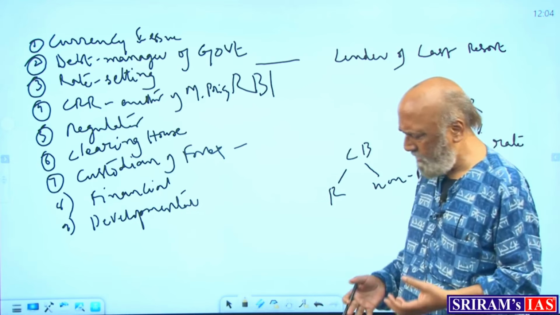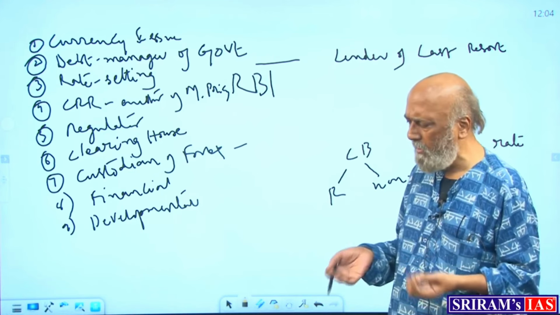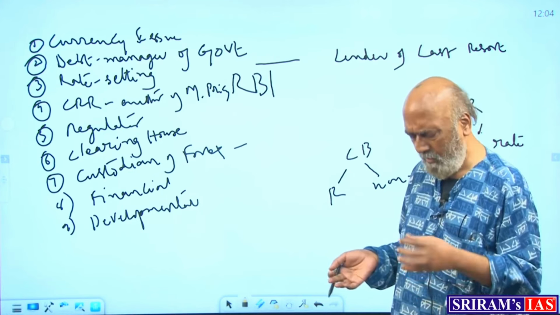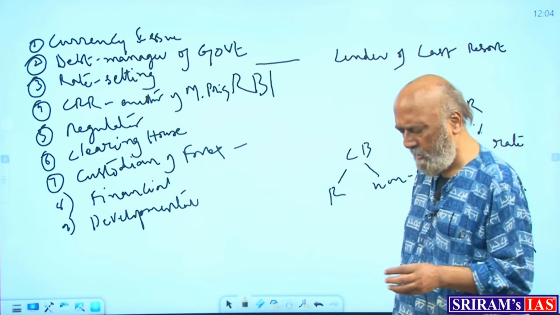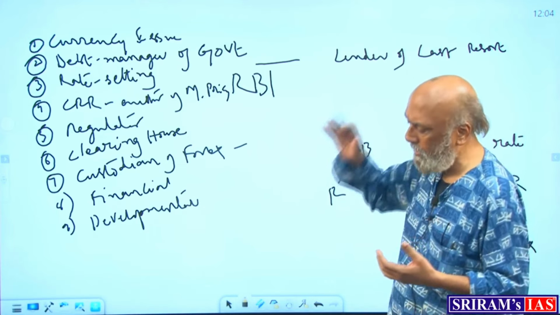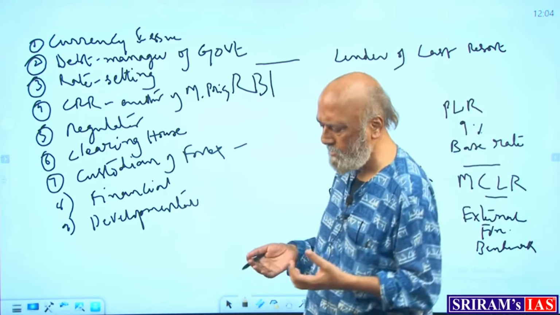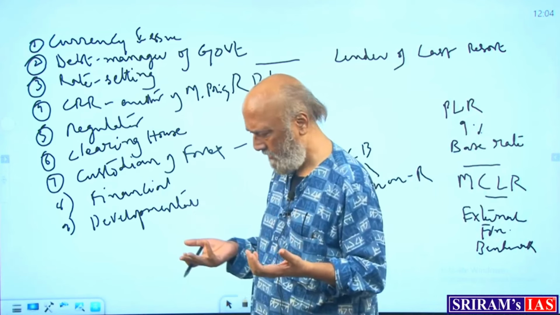You can't charge more than this. But then leave it to the bank. Interest rates are deregulated. You can tell them MCLR, external financial benchmark, base rate, all this. Beyond that, you can't put a number there. Imagine a bank charges you excessively.